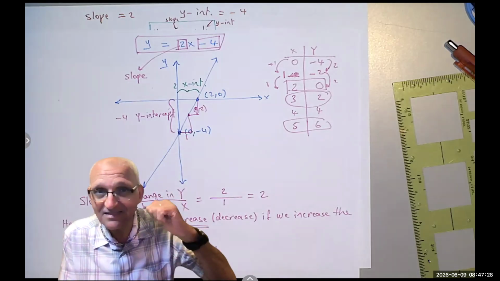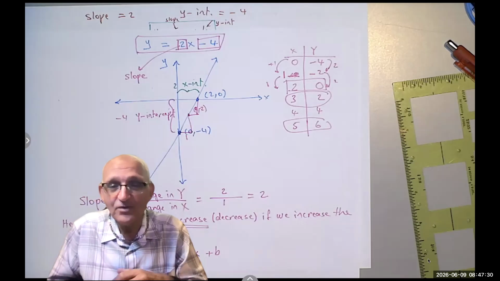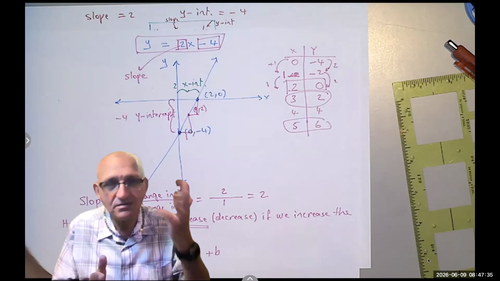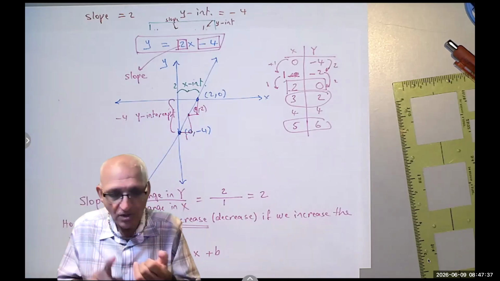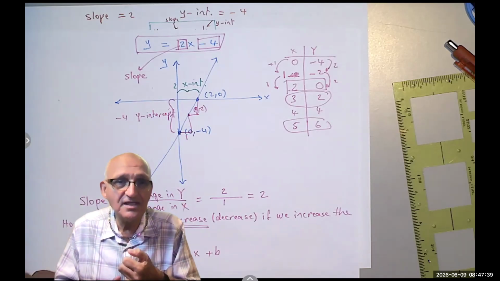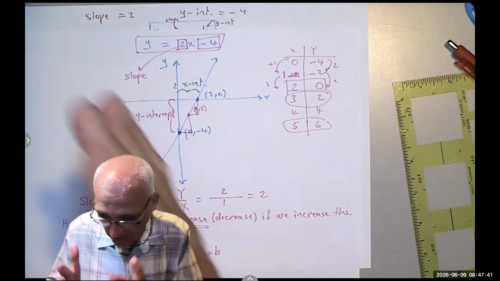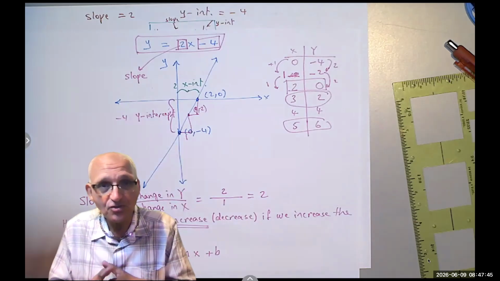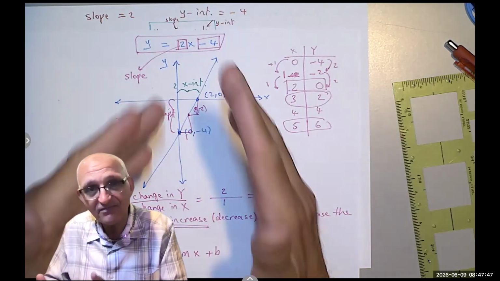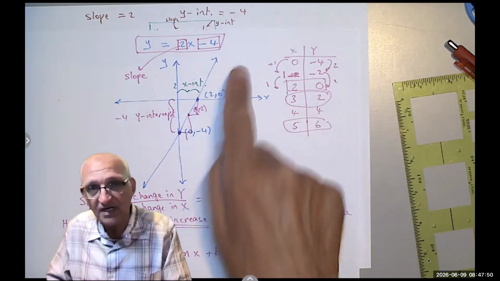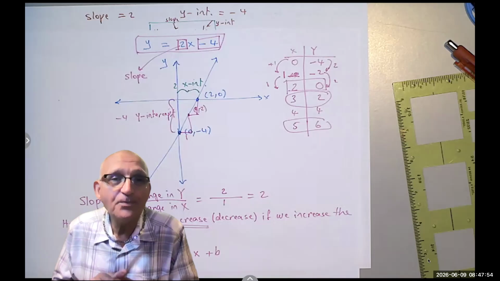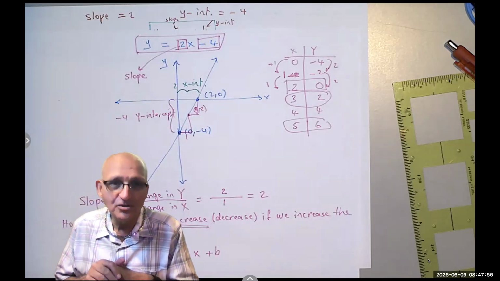So what we did yesterday and the day before, when we were solving, we did substitution and elimination. Instead of using substitution or elimination, if I have the equations of the lines, I can plot them, meaning 2 lines. The point of intersection would be the solution.